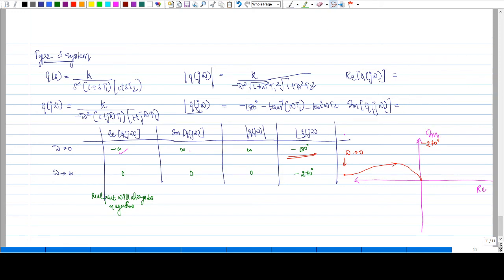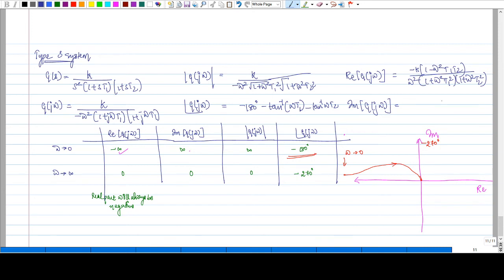Your real part will become something like this: minus k times (1 minus omega square t1 t2) divided by omega square (1 plus omega square t1 square)(1 plus omega square t2 square).